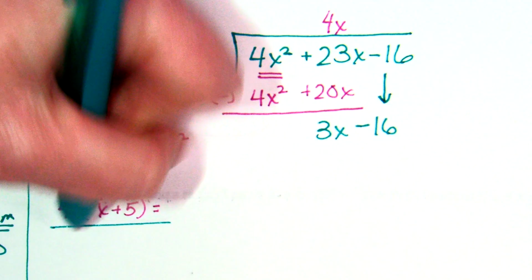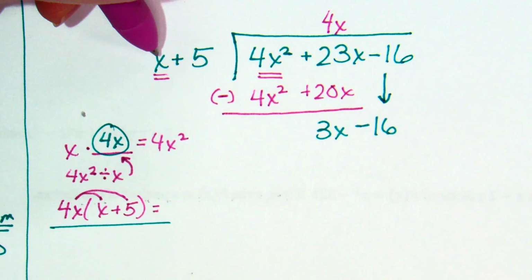Repeat the process. This time I always go back and use this x, and this time I'm trying to figure out x times what gives me 3x. So x times what is 3x? X times 3. I'm going to put that 3 over the minus 16.